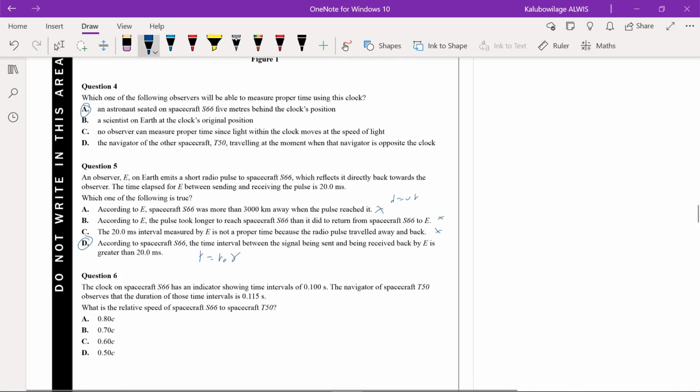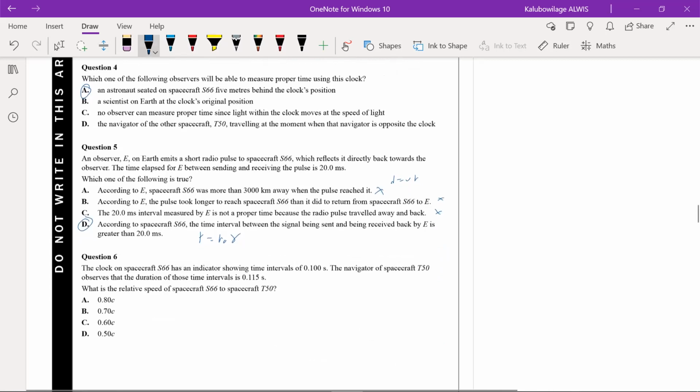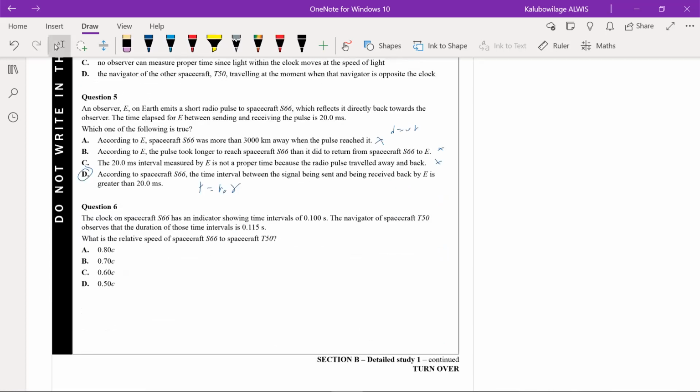The clock on spacecraft S66 has an indicator showing time intervals of 0.1 seconds.